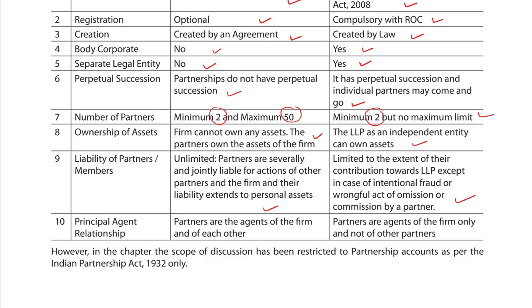In case of normal partnership, principal and agent relationship. Partners are the agents of the firm and of each other. In case of LLP, partners are agents of the firm only and not of the other partners. However, in this chapter, the scope of discussion has been restricted to the partnership account as per the Indian Partnership Act 1932 only.